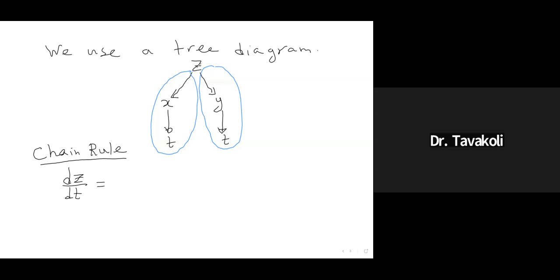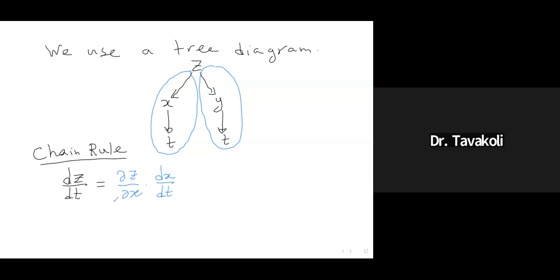So for z to get to t, it goes through x and through y. Through x is the partial derivative of z with respect to x, then to get to t, times the derivative of x with respect to t. Since x depends only on t, not another variable, I use the regular Calculus 1 notation of dx over dt.